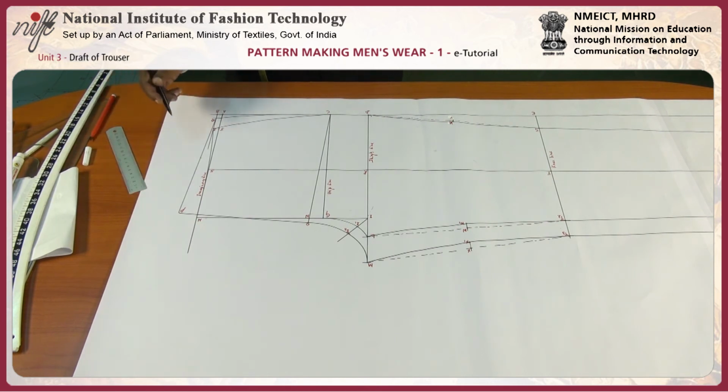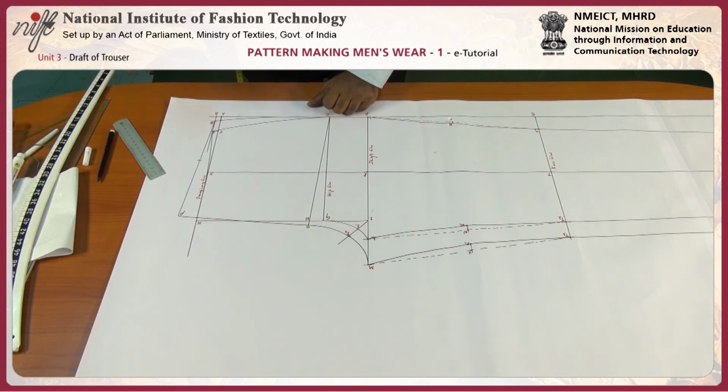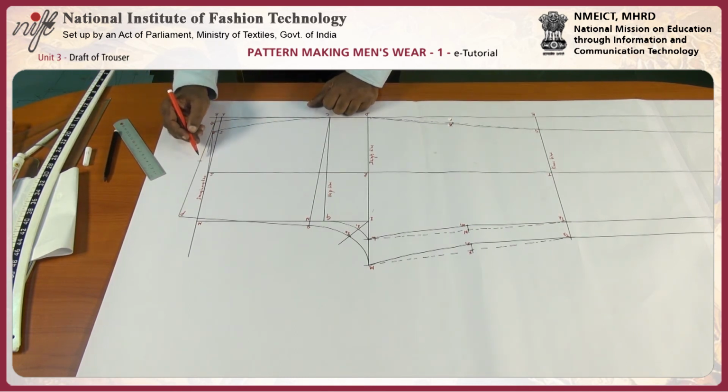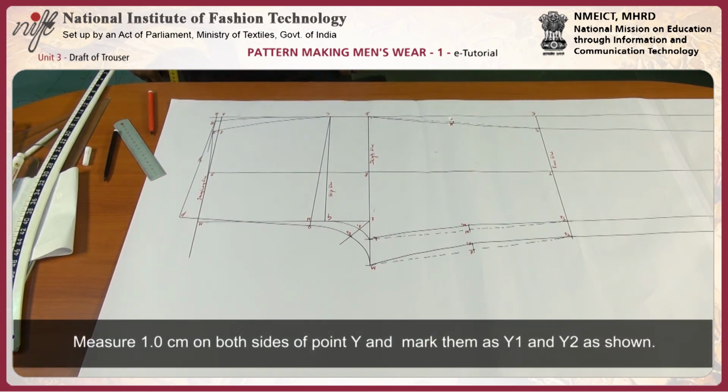This 10 centimeter is half of P and Q plus 1 centimeter. Point Y. Measure 1 centimeter on both sides of point Y and mark them as Y1 and Y2 as shown.